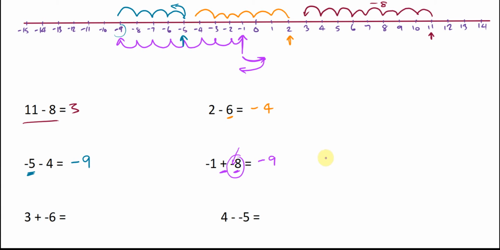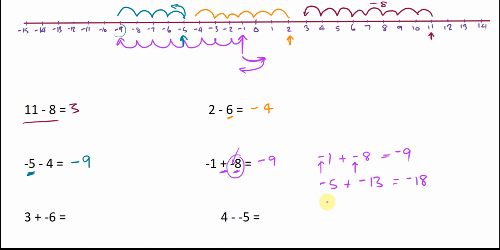So another way you could think of it is if you have negative 1 plus negative 8, these two negative symbols are describing the 1 and the 8. So just add the 1 and 8. I get 9. And the answer is negative 9. So I'm describing what that 9 is. So another example, if I have negative 5 plus negative 13, add your 5 and your 13, 18, and just add the negative sign there.